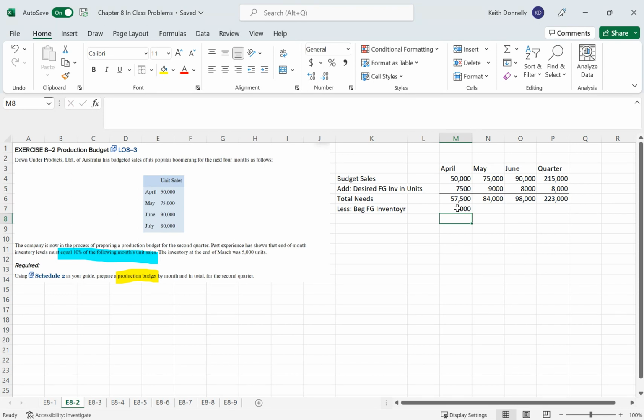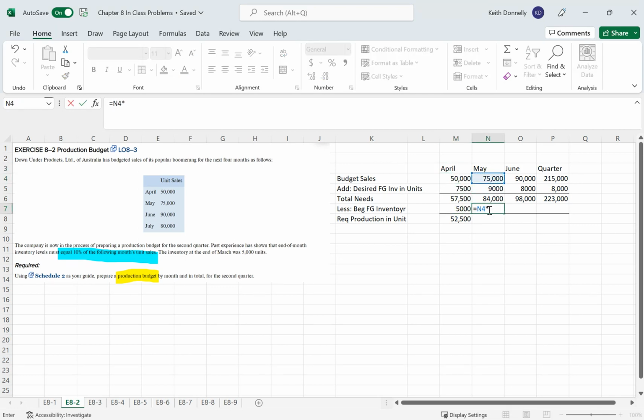So that means what we can do here, let me build this out, is show our required production in units. That guy minus that guy. Likewise, we can see that it's going to be a function of 10% of the budgeted sales. So for the 75,000, it's going to be the 75,000 times 10%. For that one, it's going to be 9,000.